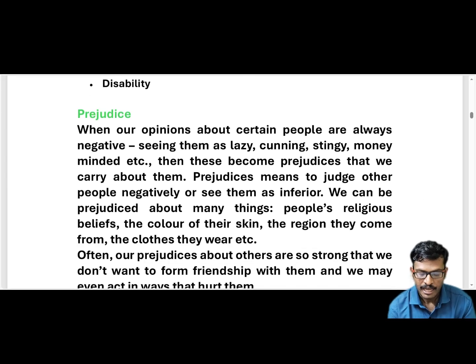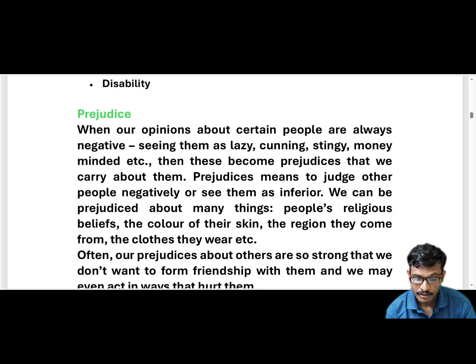This prejudice is about many things: people's religious beliefs, the color of their skin, the region they came from, and the clothes they wore.